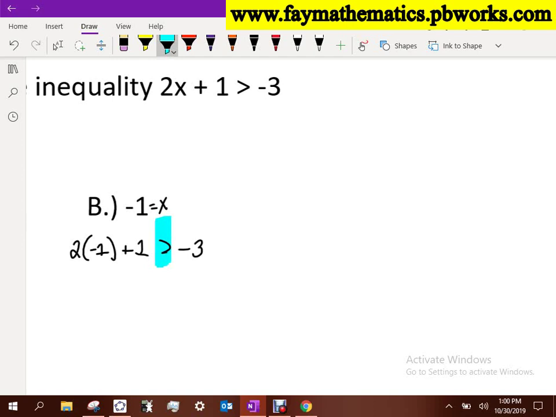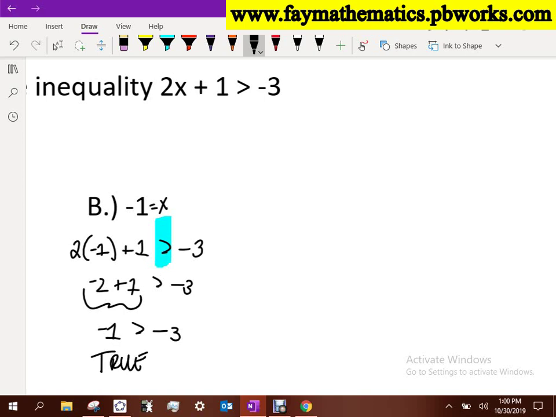So I maybe got kind of a question mark on top of that symbol there. What's 2 times -1? -2. And then you added your 1, right? And when I add that 1, what do I get there? -1 is greater than -3, right? Is that true or false? Is -1 bigger? Good, that's true.